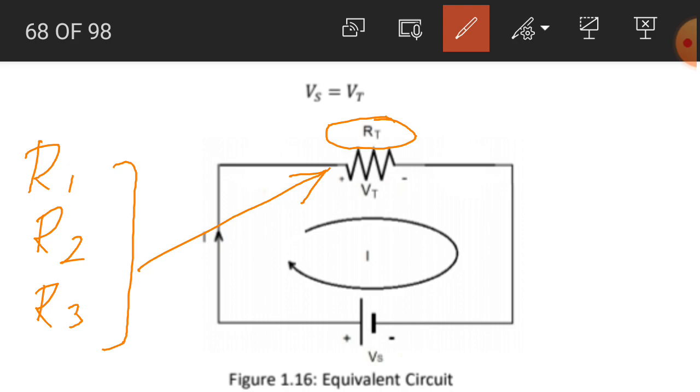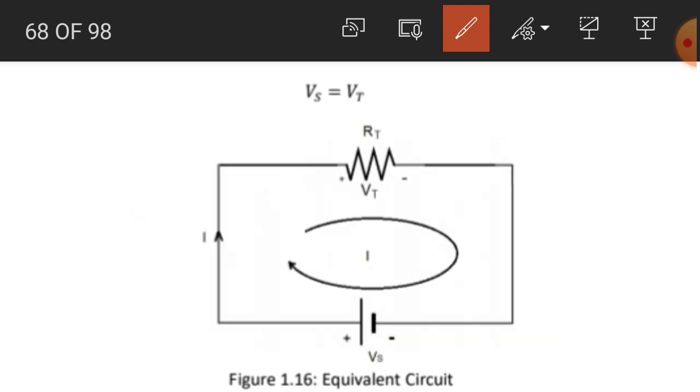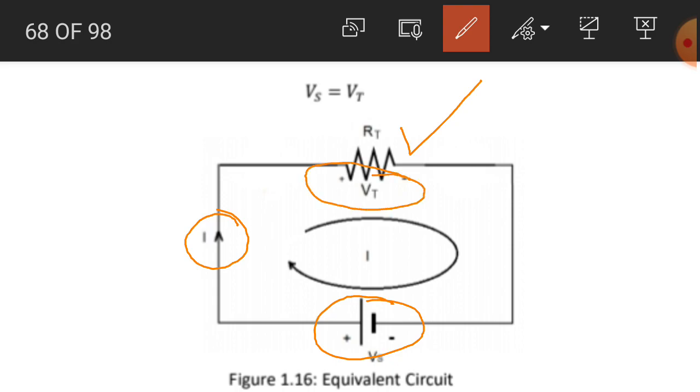We apply the same voltage across this single resistor. The same DC current flows in this resistor as well. There is no difference between the DC current of circuit number 1 and the DC current of circuit number 2. This current results in a voltage drop across this resistor, which is represented by Vt.